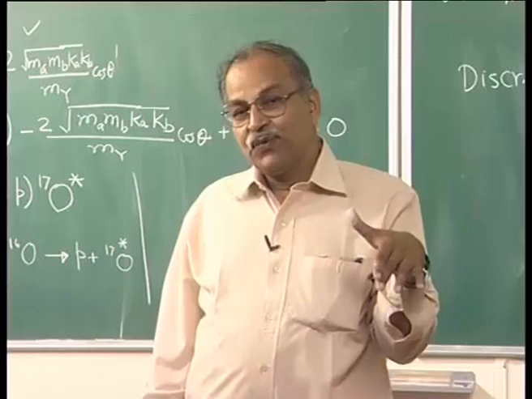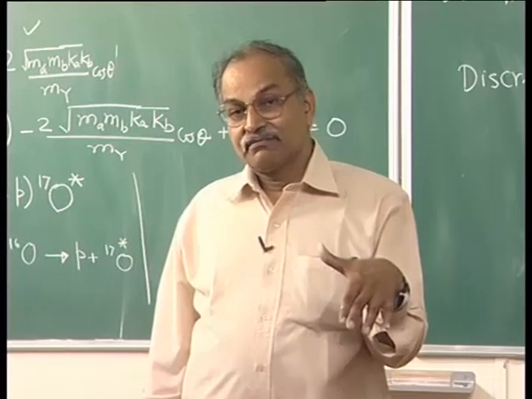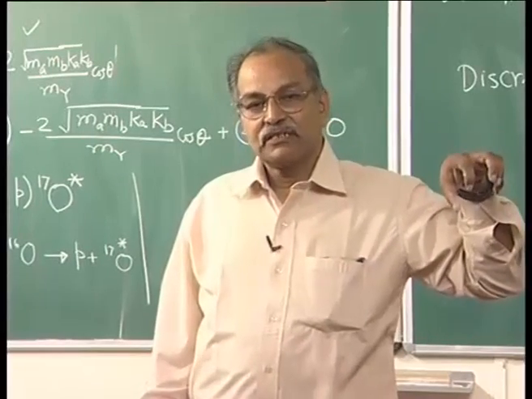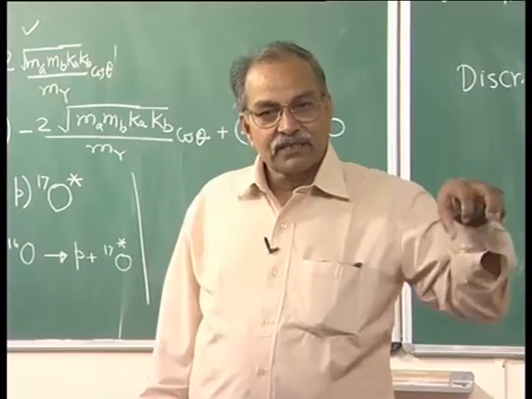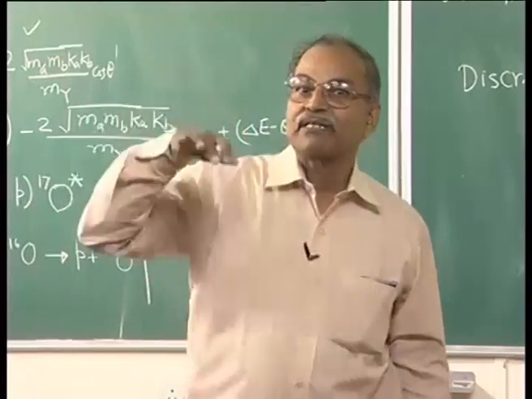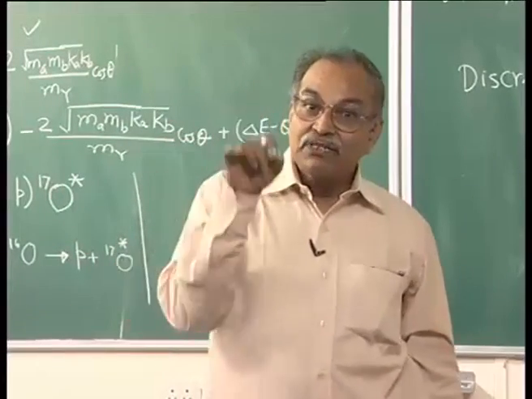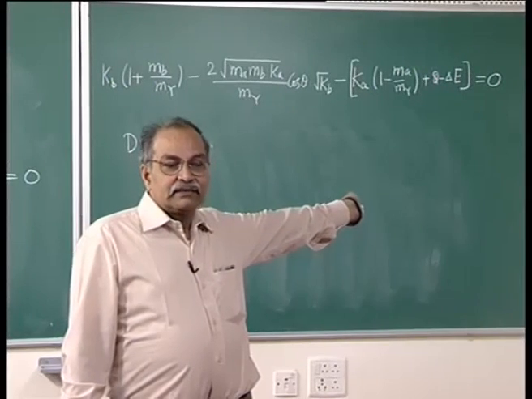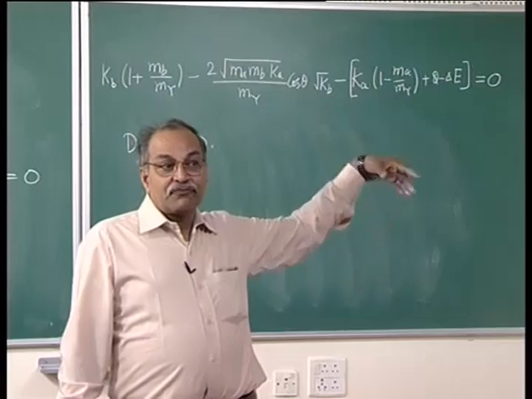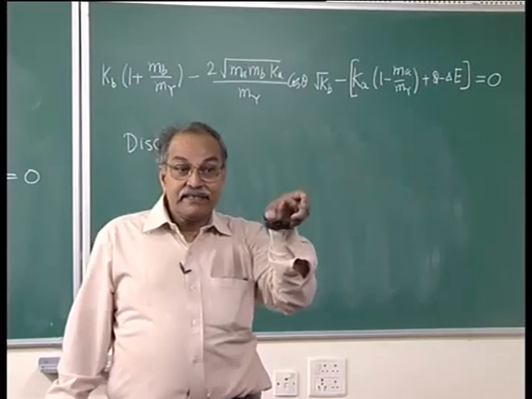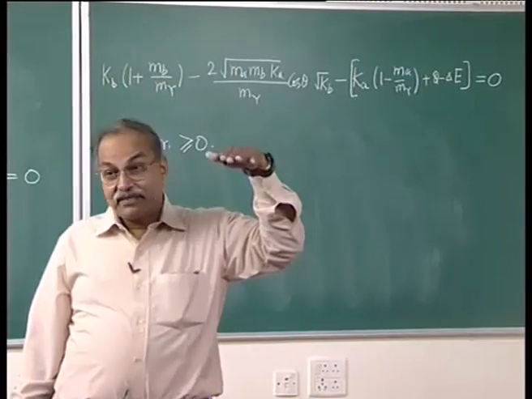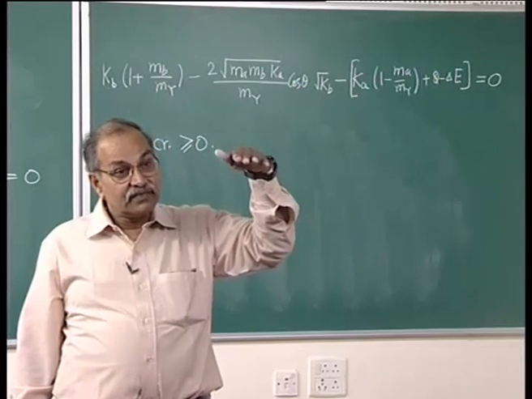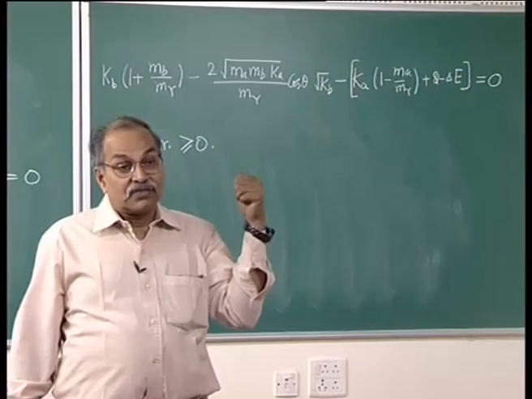But if this Q value is negative, naturally, if the final products' masses are larger than the initial ones, then you have to provide a certain minimum K_A. How much that K_A should be will come out from these conditions, discriminant greater than or equal to 0, and of course, it will also depend on delta E, which state you are taking that final nucleus in, and also the cos theta.